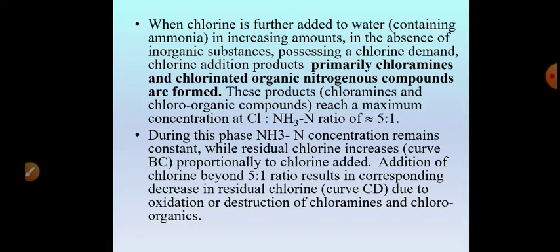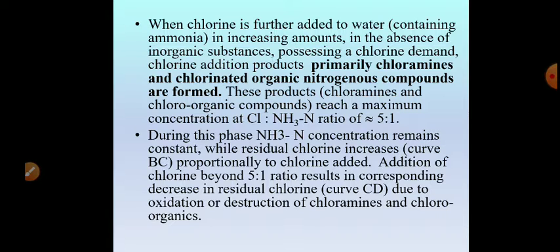Okay, now what happens when you further add chlorine to water? When chlorine is further added to water and the water contains ammonia, then as you go on adding chlorine in increasing amounts, in the absence of inorganic substances and with the water having chlorine demand, chlorine addition products like chloramines and chlorinated organic nitrogenous compounds are formed.